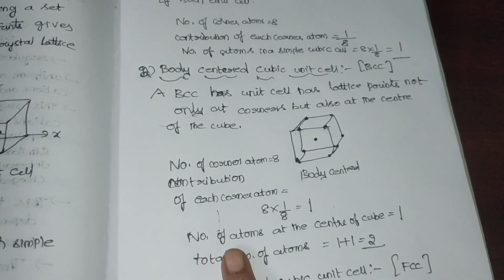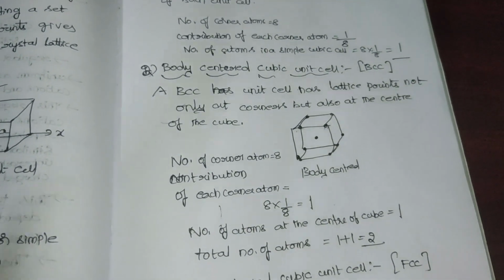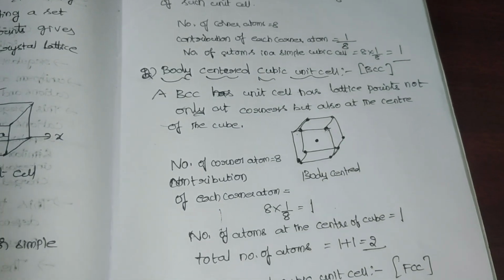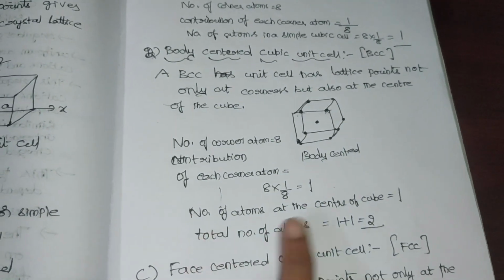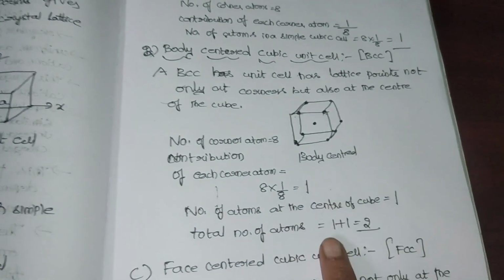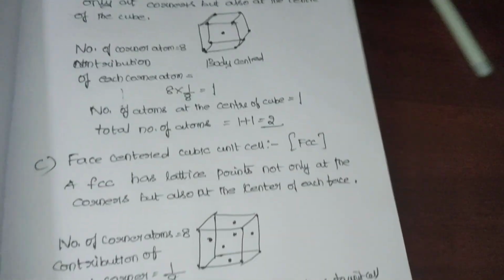But one more atom is present at the center of the cube. It will not be shared with any other unit cell, so we will add this. The total number of atoms present is 1 plus 1, so 2.